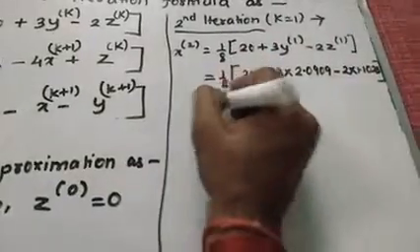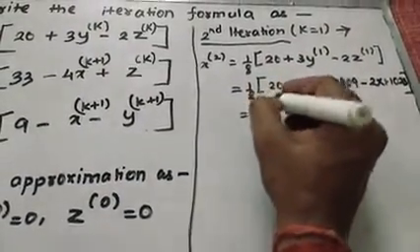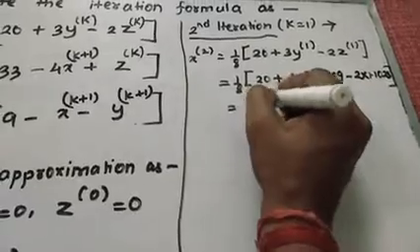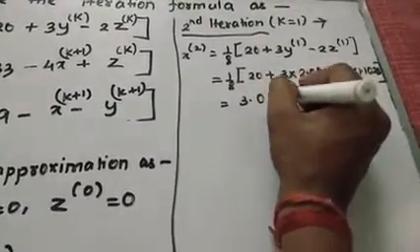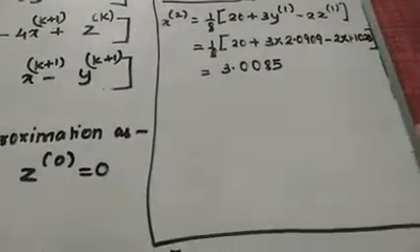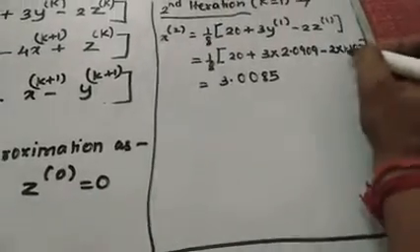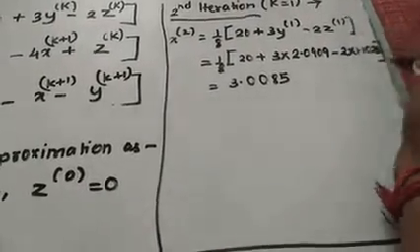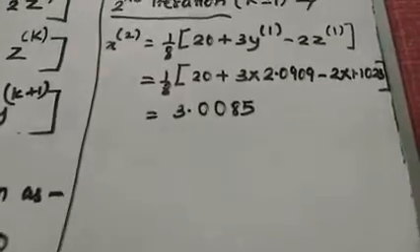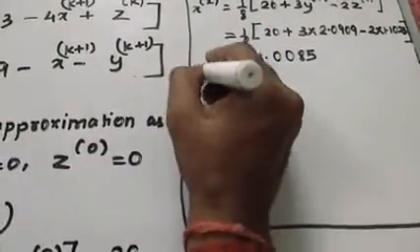Okay. So after simplifying, you will get here x2 as 3.0085. Just after calculating, this is your 1.1023 z1 value. It is visible to you. Then y2.